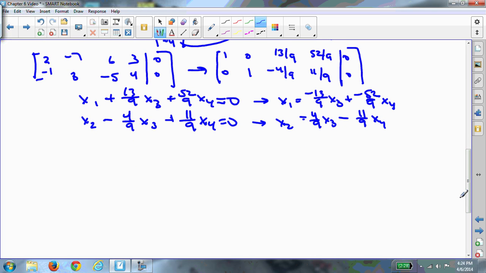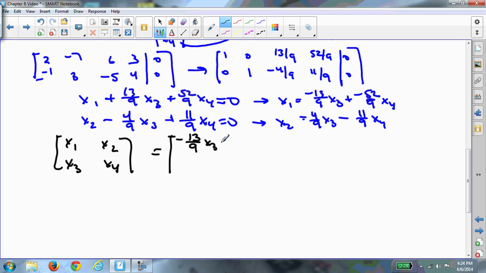So my general solution of x1, x2, x3, and x4 is going to be rewritten as negative 13 ninths x3 minus 52 ninths x4, 4 ninths x sub 3 minus 11 ninths x sub 4, x sub 3, and x sub 4.